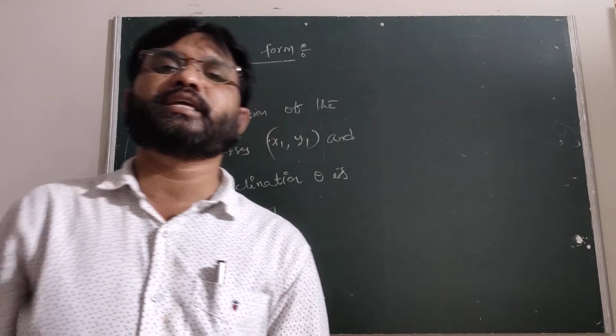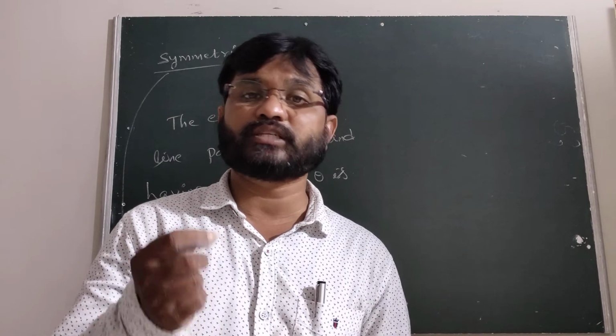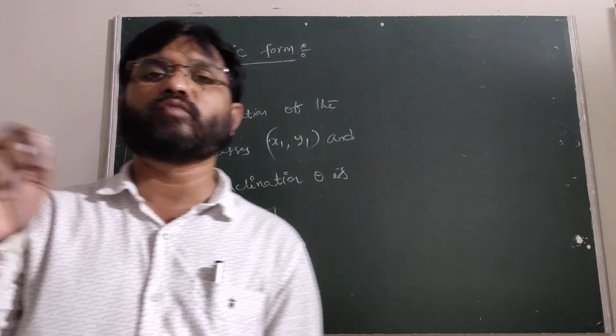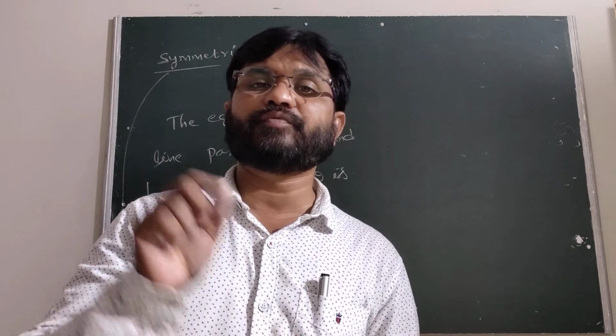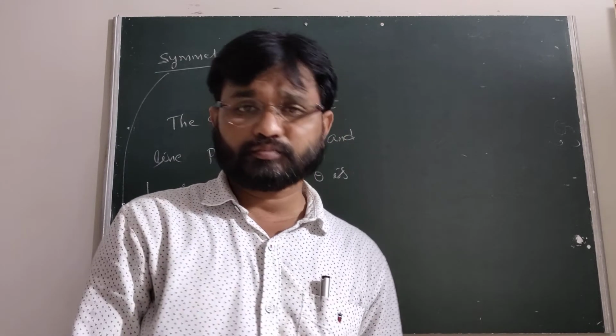A first degree equation in x and y always represents a straight line, that is ax plus by plus c equal to 0. The slope of that line is minus a by b, and the perpendicular slope is b by a.